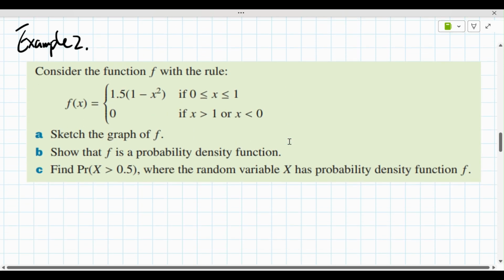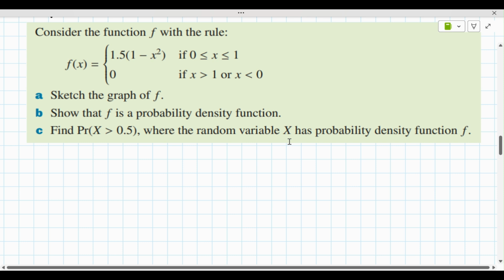All right, next example, same ideas. We're going to sketch the graph first. For 0 to 1, the function is 1.5 minus 1.5x squared, so f(x) equals that for 0 less than or equal to x less than or equal to 1.